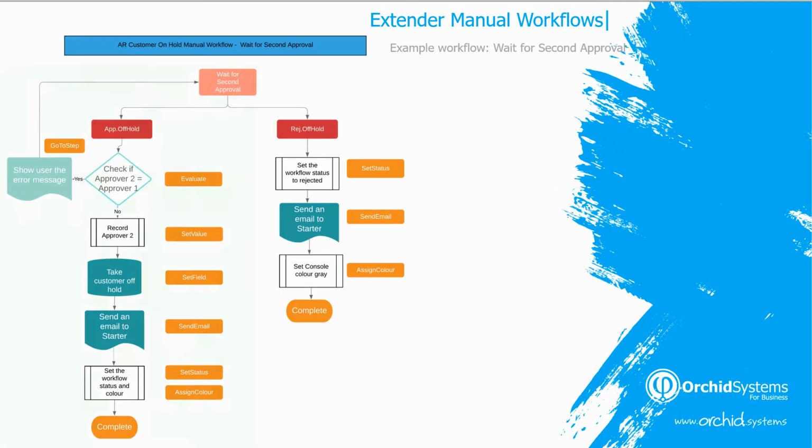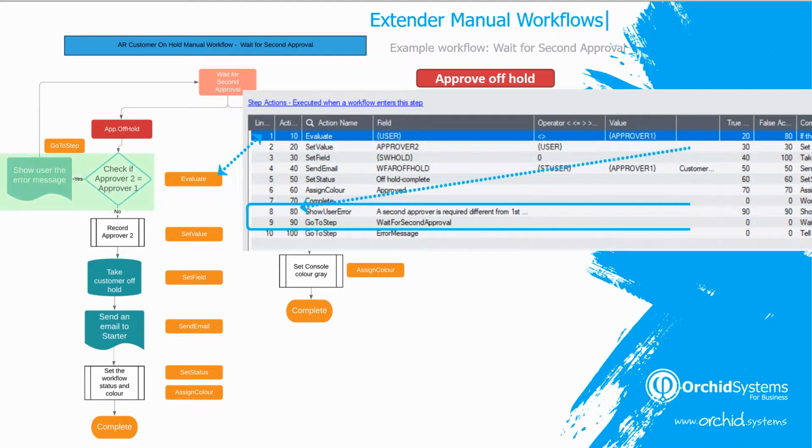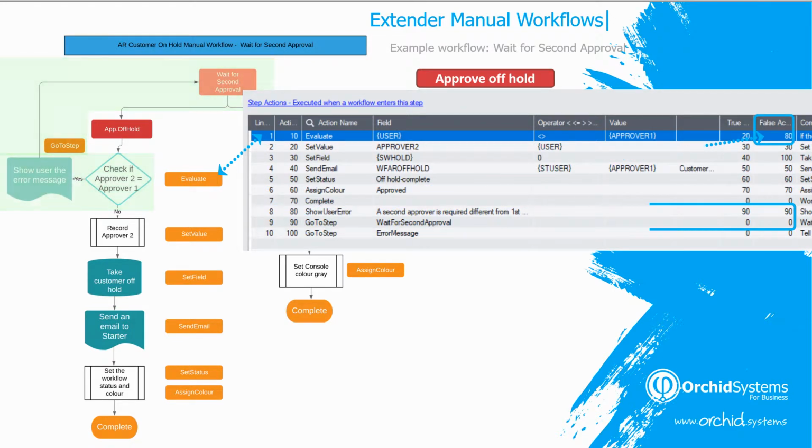And within approve off hold, the steps are to first check if the user who's approving the off hold equals the user who did the first level approval. If that's true, then show an error message and go back to wait for second approval.